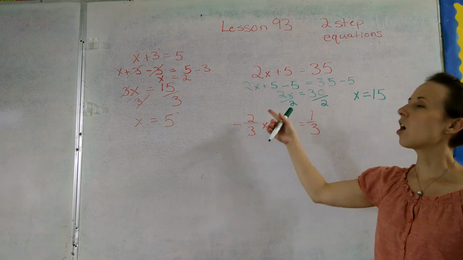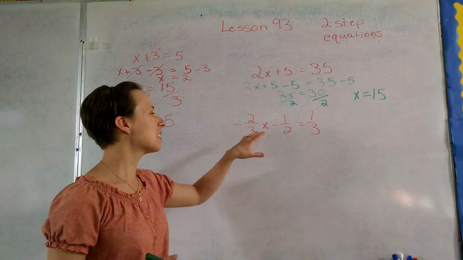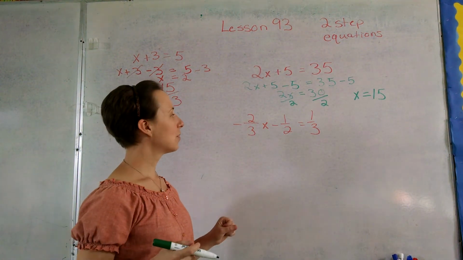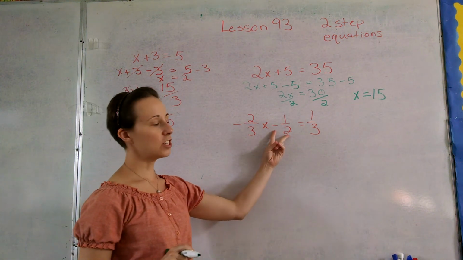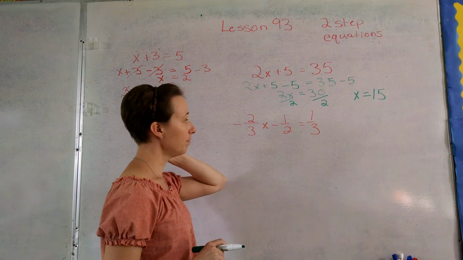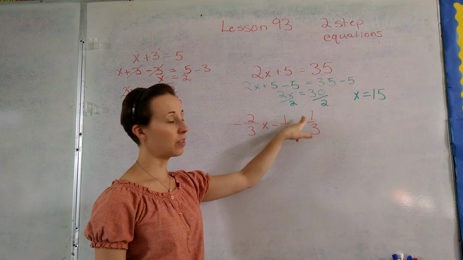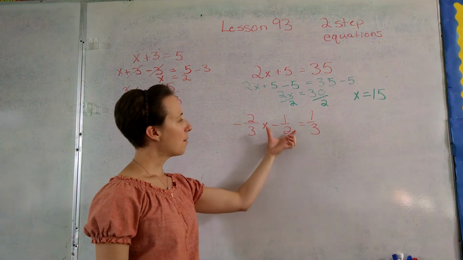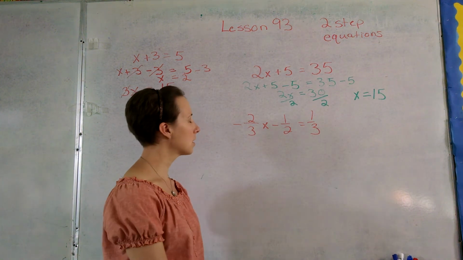Let's try it with something that always looks hard. It always looks harder when you add negative signs and fractions, but it's really the same thing. Let's start with the addition and subtraction, and then we'll finish with the division. I have negative 2/3 x minus a half equals a third. Minus a half. That's the one I want to move to the other side first.